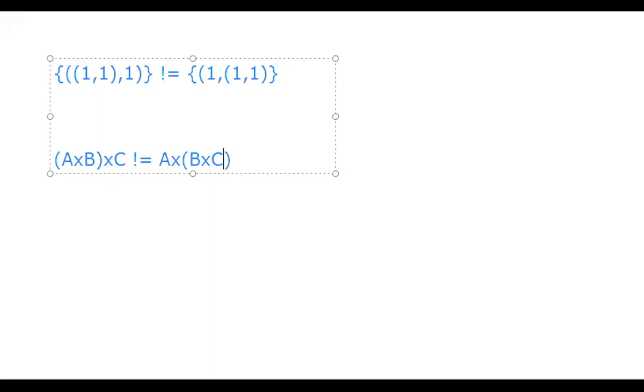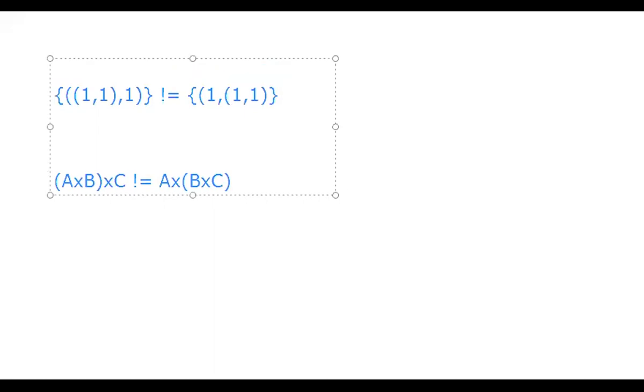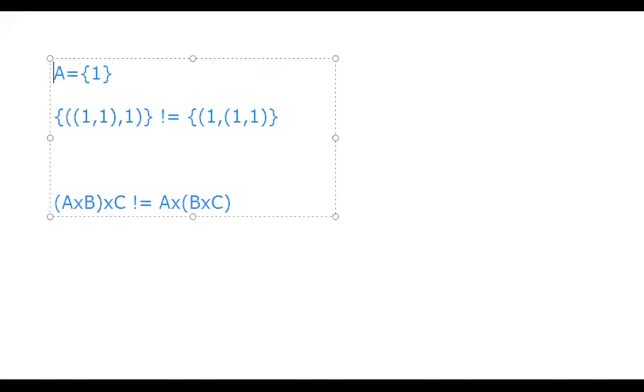It is the associative law, and the example taken here is that A is the set having the element 1 only, that is the unit set. It is only the example given here.